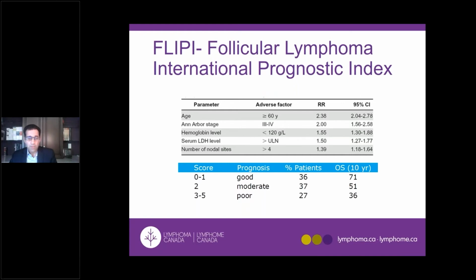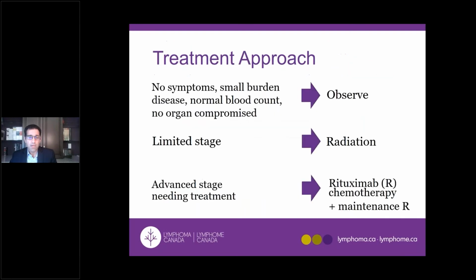So now we have made the diagnosis of our patient with follicular lymphoma, and it's time to choose treatment. As I mentioned, follicular lymphoma is an incurable disease. So if I give a patient chemotherapy, it's not curative, and sometimes the patient develops side effects from the chemotherapy itself.